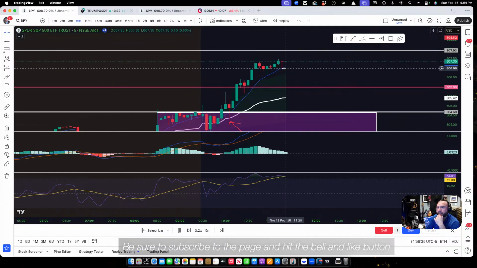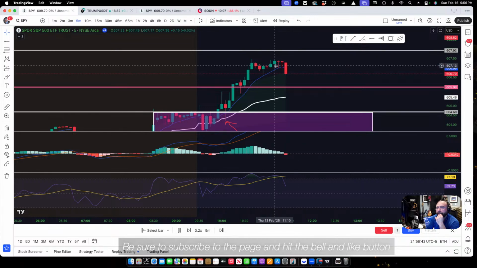This candle just tested the 9. Tested the 9. That candle would have kicked me. This candle would have kicked me. But we got in down here, 604.40. I would have probably taken some profits up in here.